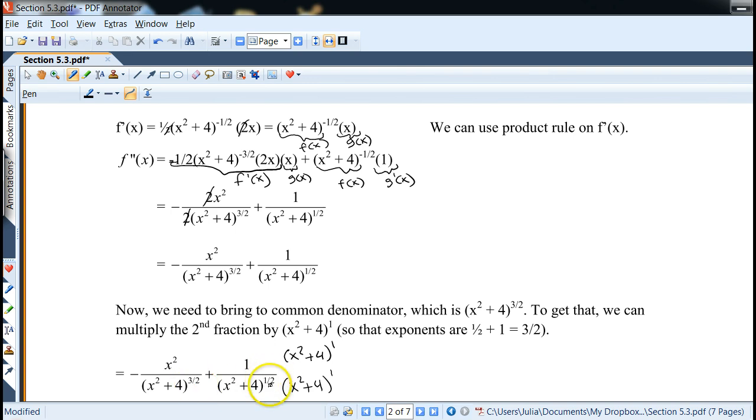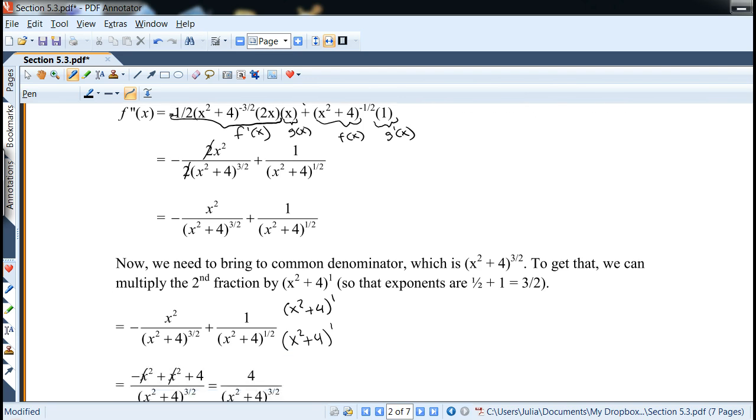Because remember, when we multiply, we actually add exponents. Well, it turns out that 1/2 plus 1, notice how I wrote this out here, is 1/2 plus 2 over 2. It will give us 3 over 2. So if you learn this trick, we can just multiply x squared plus 4 to the 1 power on top and the bottom, just like with common denominators. Then we can finish this problem.